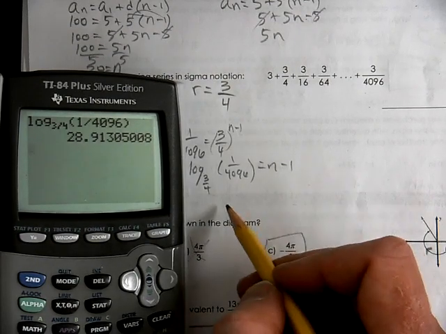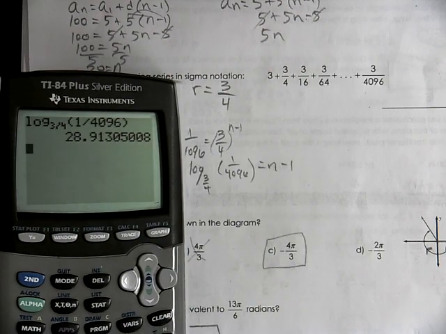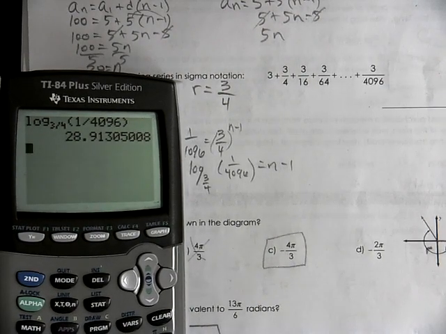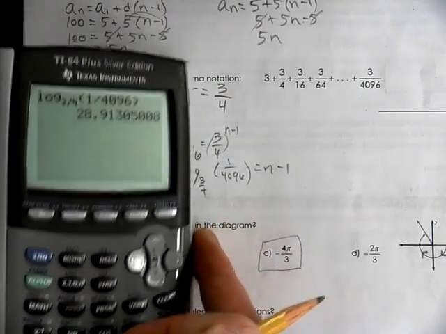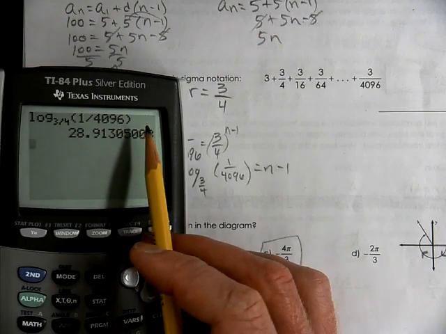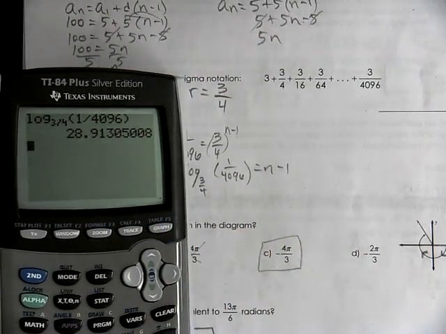All right. Not exactly what I was expecting. Let me just take a look. My concern is that I'm getting a decimal for the number of terms. I'm going to add 1 to it, but that would be weird.